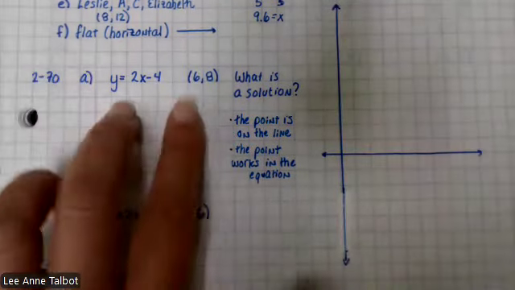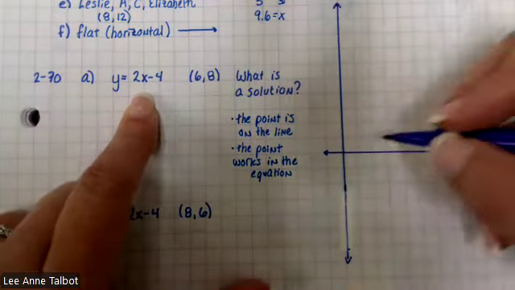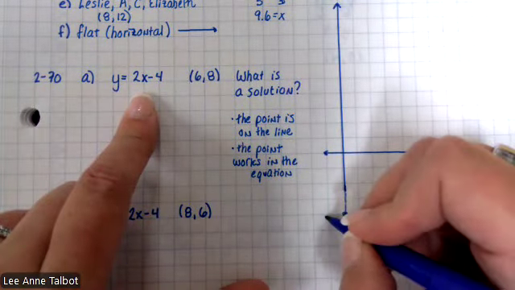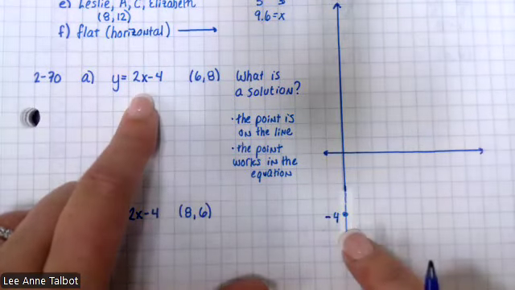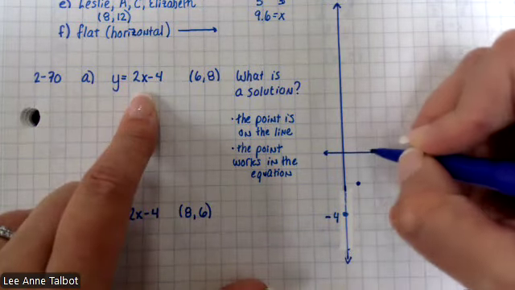Okay, so first, let's just look common sense wise. So this is Leslie, by the way. So go 1, 2, 3, 4. So there is her y-intercept of -4. And then she did 2 meters every second.